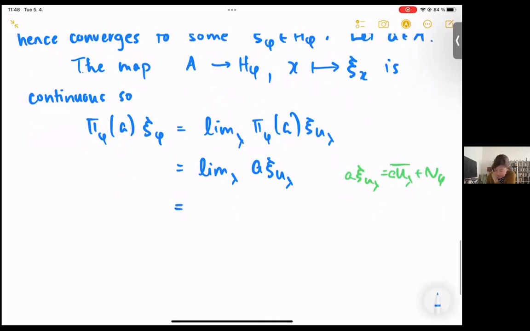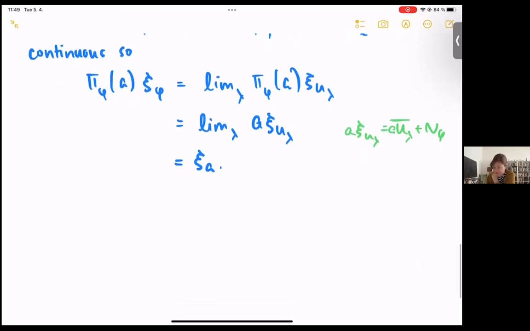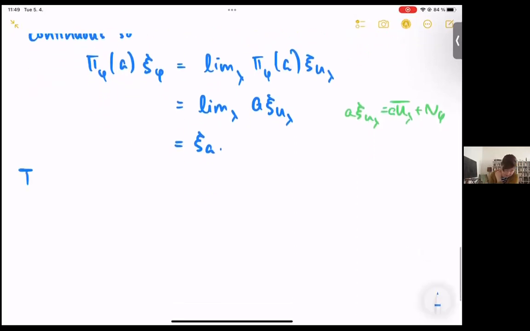So we're getting a plus N phi, which is just psi a. And these psi a's, as we noted at the beginning, are dense in the Hilbert space. So we see that pi phi of a applied to psi phi is dense.